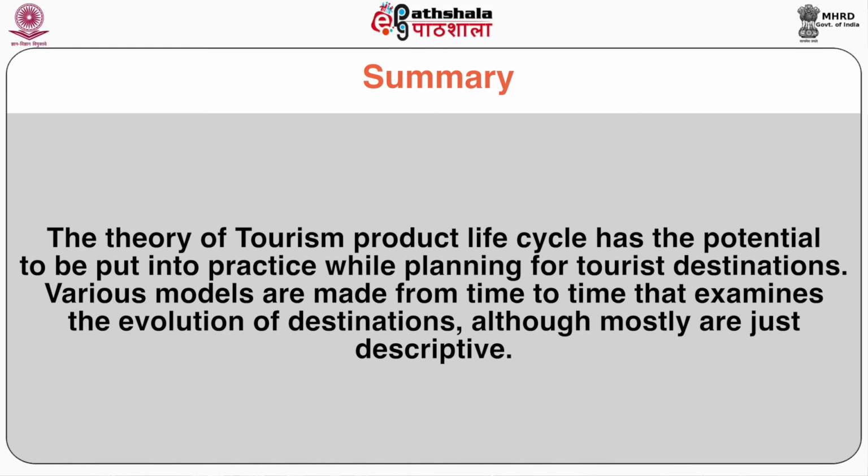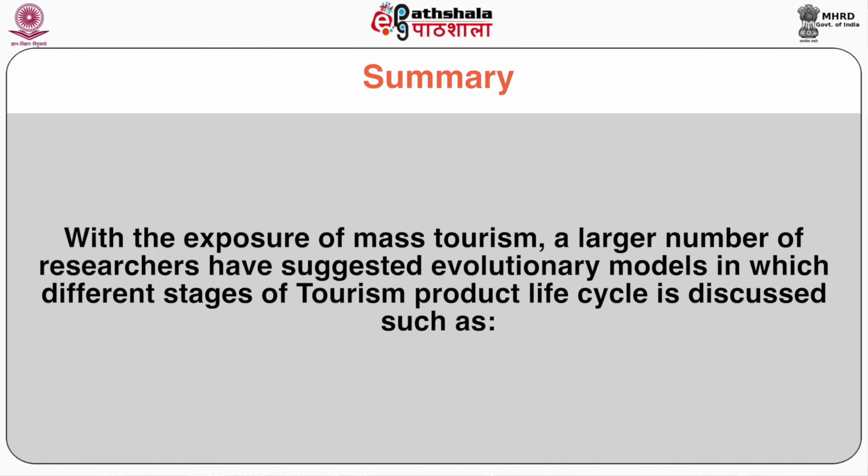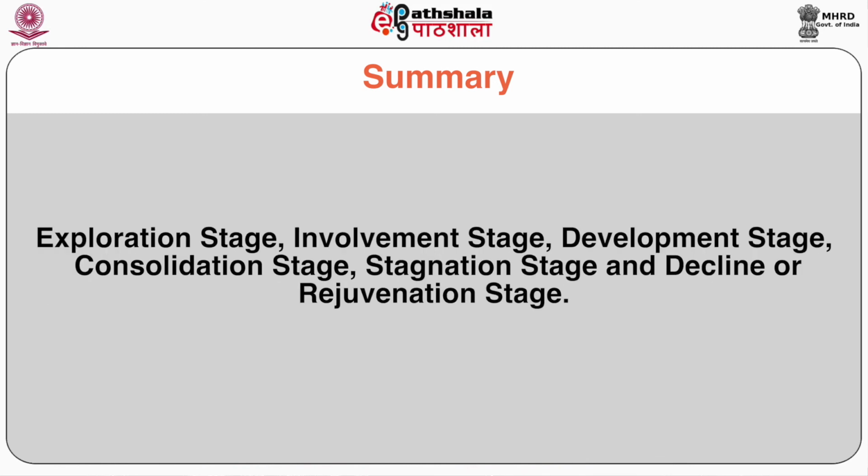Various models are made from time to time that examine the evolution of destinations, although most are just descriptive. With the exposure of mass tourism, a large number of researchers have suggested evolutionary models in which different stages of the tourism product life cycle are discussed, such as exploration stage, involvement stage, development stage, consolidation stage, stagnation stage, and decline or rejuvenation stage.